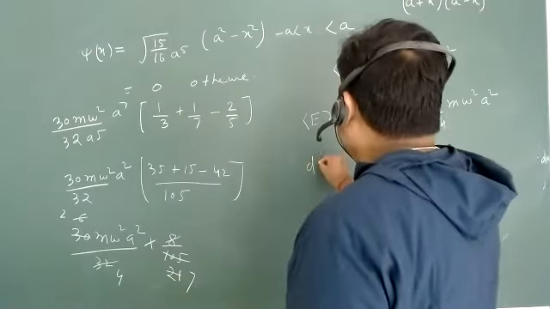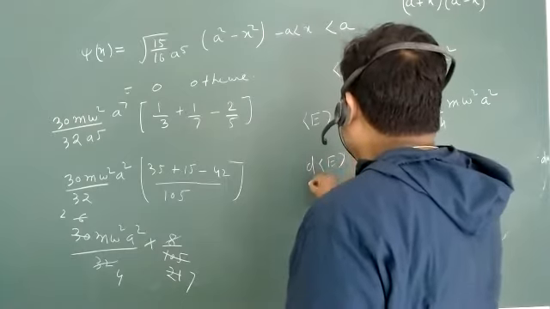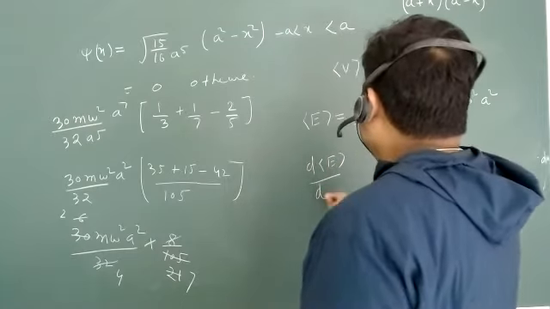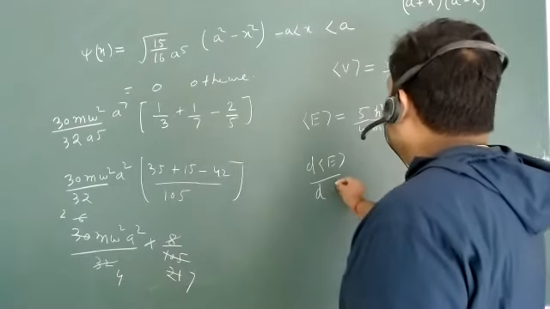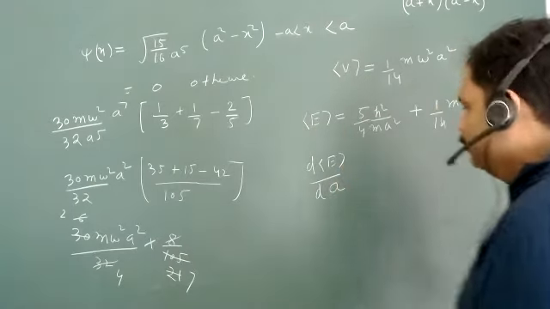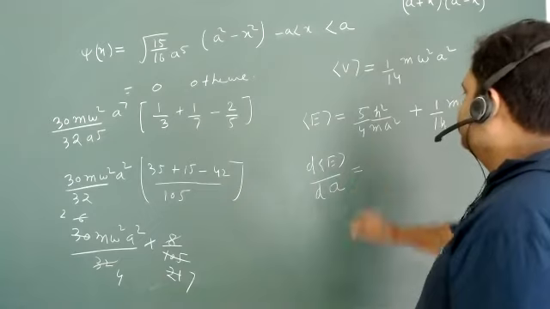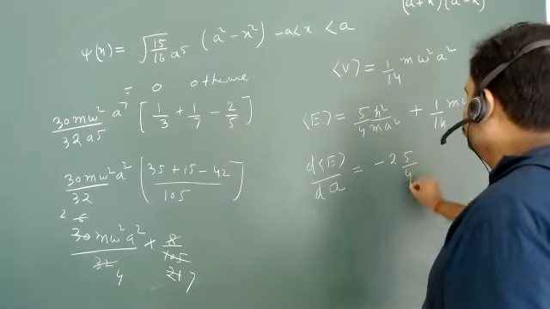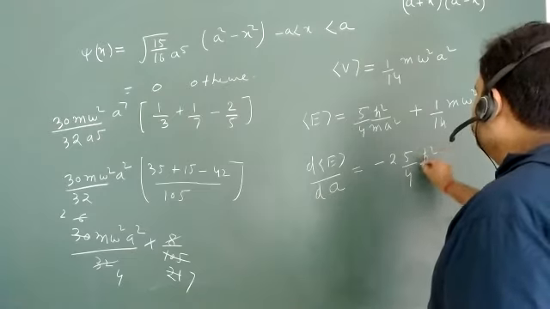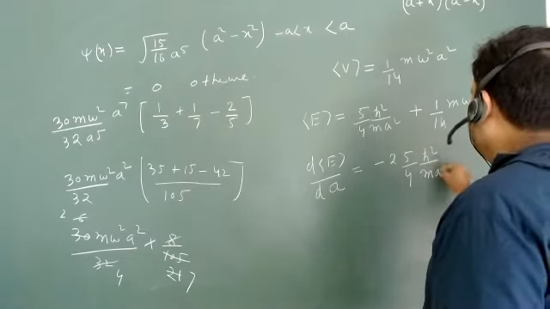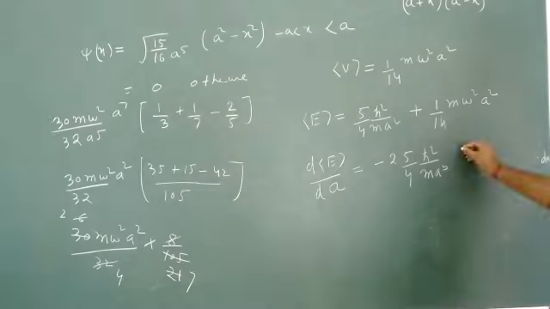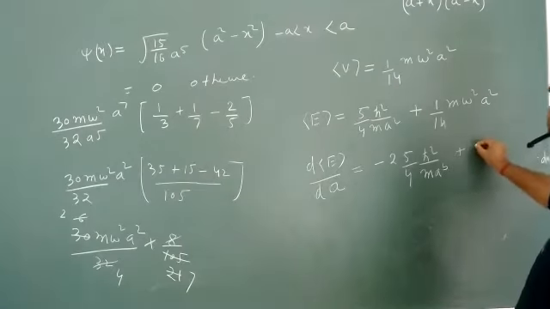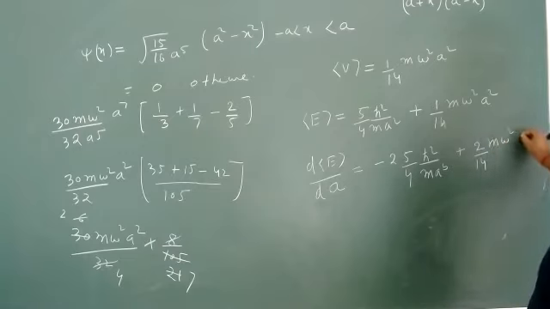We have to differentiate dE with respect to a. And this value is minus 2 times 5 by 4 h cut square upon m a cube, and this value is plus 2 upon 14 m omega square a.